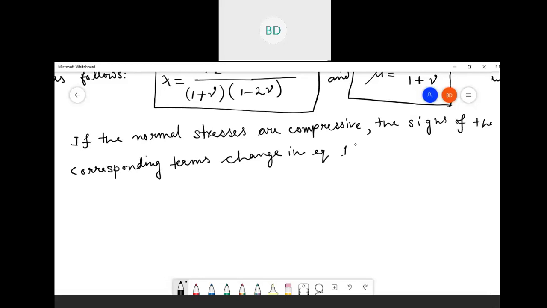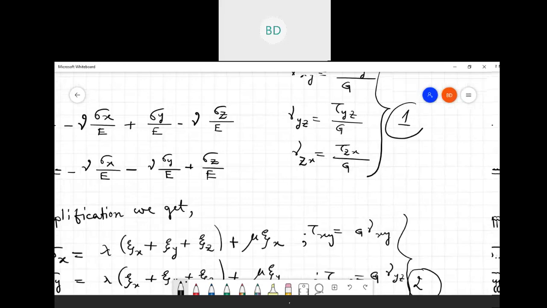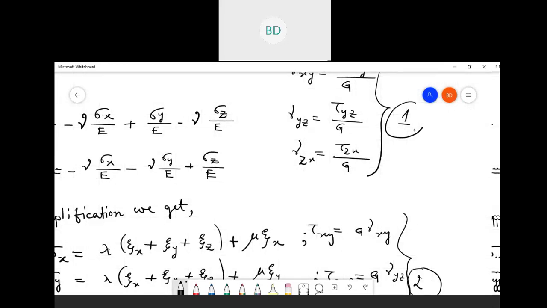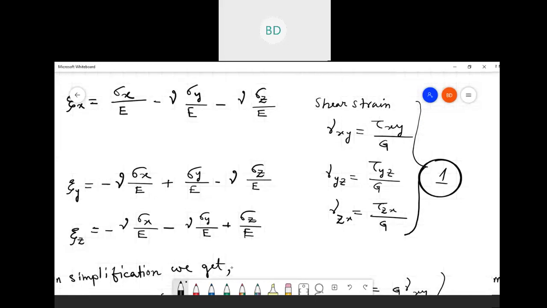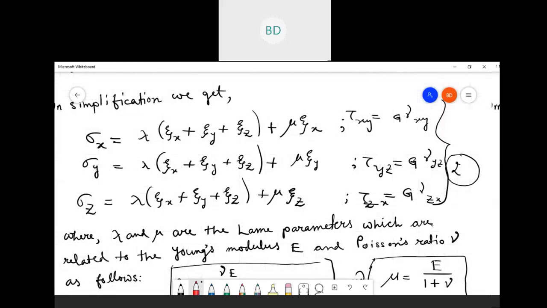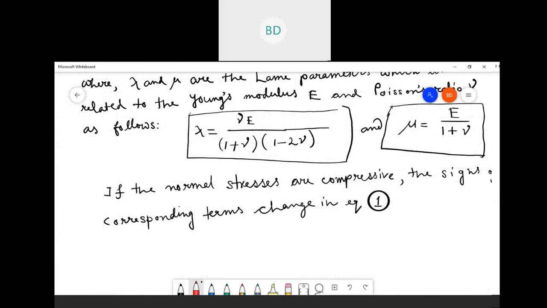So now don't confuse with the previous one. I was asking you about the equation number. So 1 means actually this. This is 1. Probably you have another equation number 1 in the last class that I don't remember now. But equation 1 means I have meant this particular set of equations. So remember that this equation is for the normal strain.